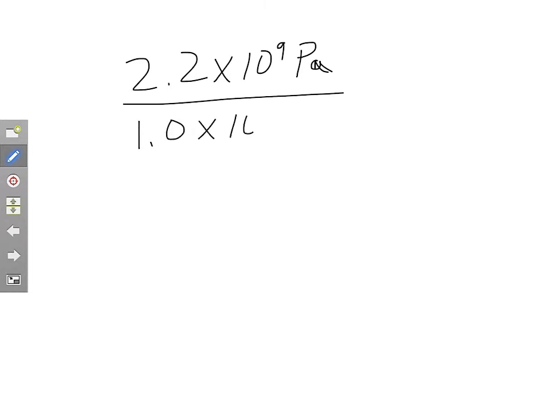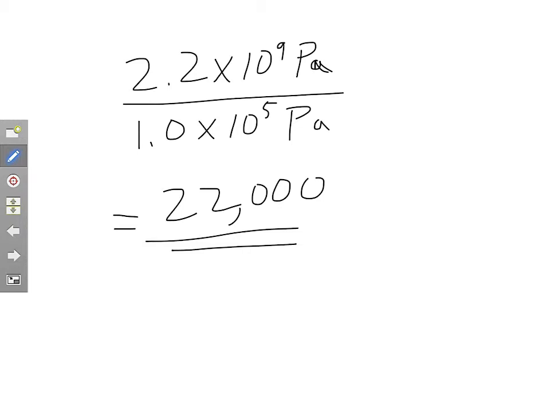The bulk modulus of water turns out to be 2.2 times 10 to the 9 pascals, Newtons per meter squared, as we saw before. And the bulk modulus for air is 1 times 10 to the 5 pascals. So this ratio equals 22,000. What does that mean? It means that the compressibility of air is 22,000 times that of H2O for the same pressure change.